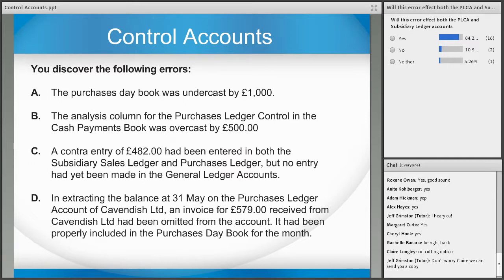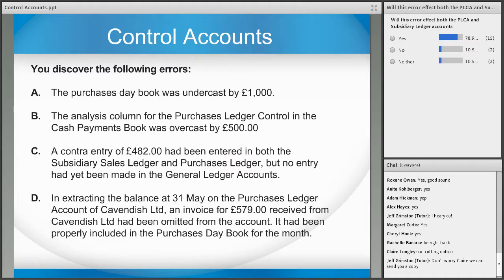But what happens when you post the purchases day book to the individual purchase ledger accounts? In effect, that's not going to have any effect on those, is it? Because we take the purchases day book line by line and post those into the subsidiary ledgers. So it's only going to affect the purchase ledger control account.